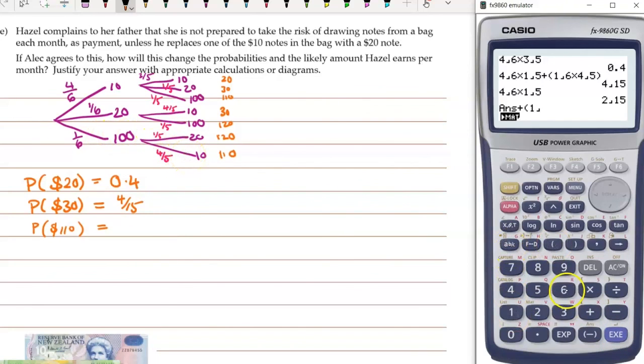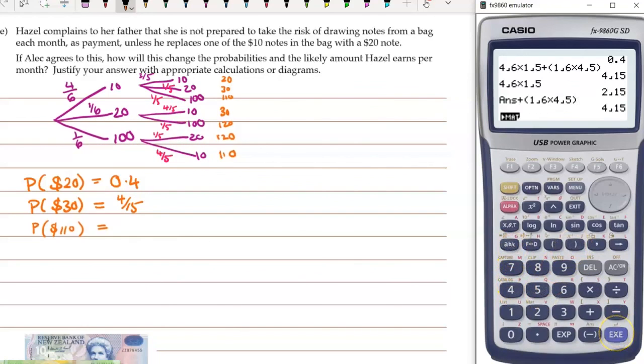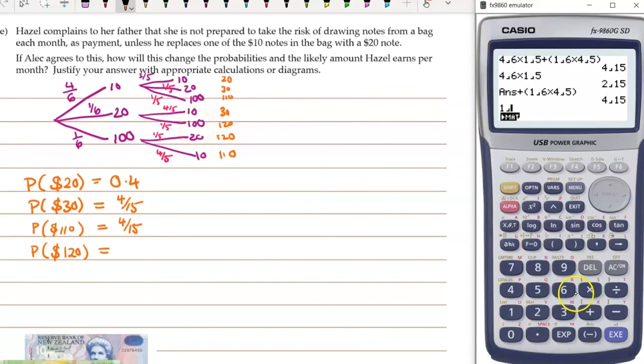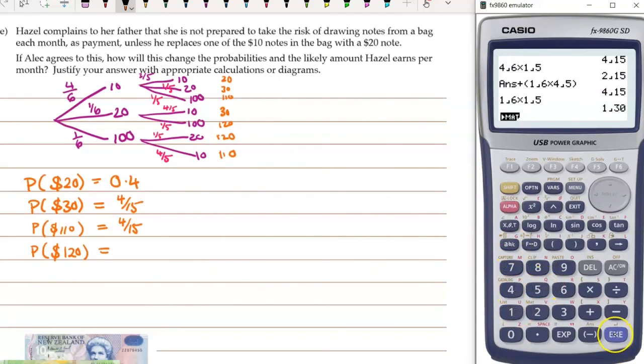So 1/6 times 4/5. And finally, the probability of getting the highest possible amount of 120, we have these two lines next to each other just here. So we've got 1/6 times 1/5, and that's the same on the next line, so times that by 2.